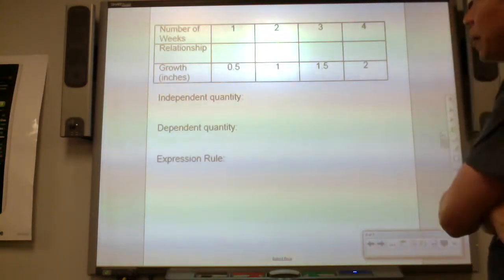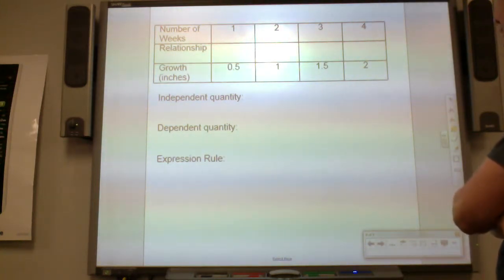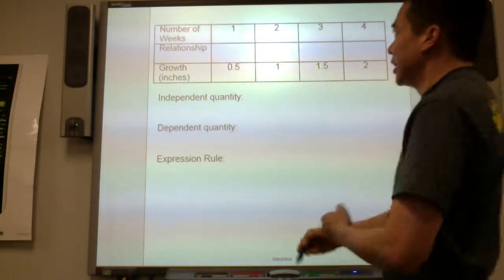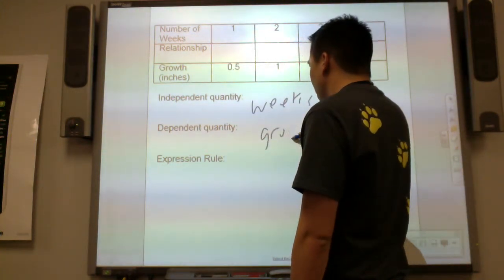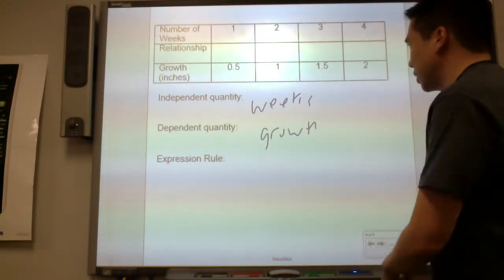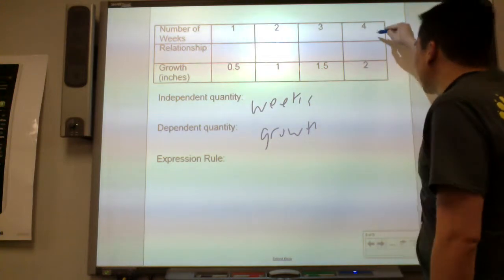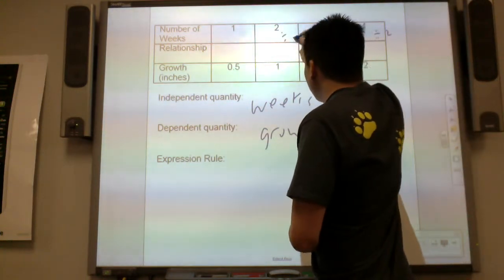So next one, number of weeks. In 1 week, you grow half an inch. 2 weeks, you grow 1 inch. So what is happening here? First of all, the independent is weeks, and the dependent is growth. The growth is dependent upon how many weeks have passed. So what is the expression? I think it's dividing by 2, dividing by 2, dividing by 2.